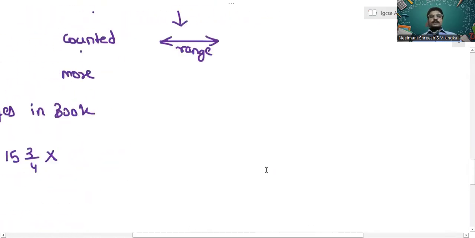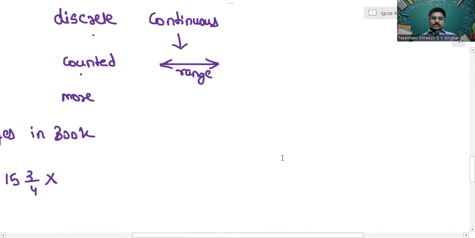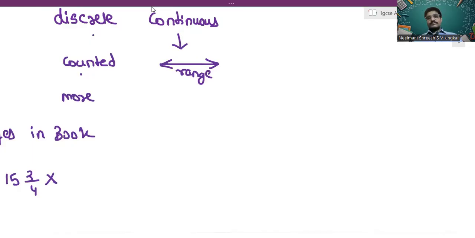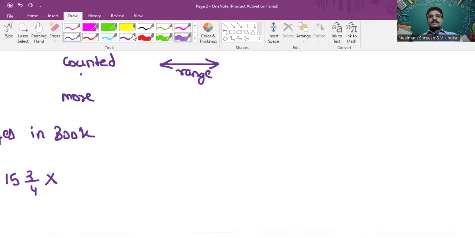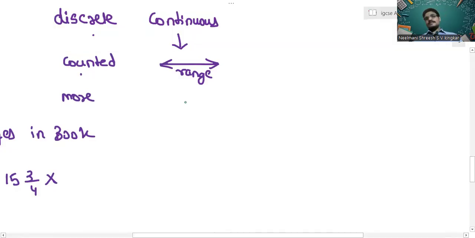Whereas when we come to continuous data, continuous data can take any possible value in that limited range, and that value can be as precise as possible, depending on the factors. So let's discuss some examples of this continuous data. Some examples are time, a very important factor.